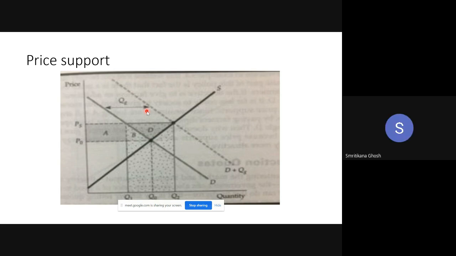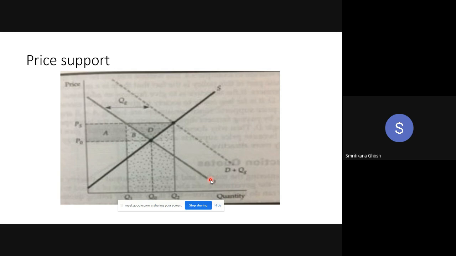Yes. Look, initially only the individual demand curve is there, so D is the total market demand. Initially say there are 20 individuals, so D is the sum total of those 20 individuals' demand curves. Now the government is also part of the demand side and they are demanding QS. So it is like the number of consumers has increased in the market.